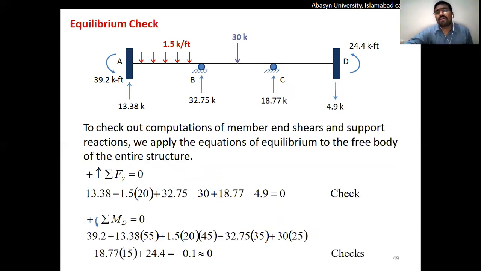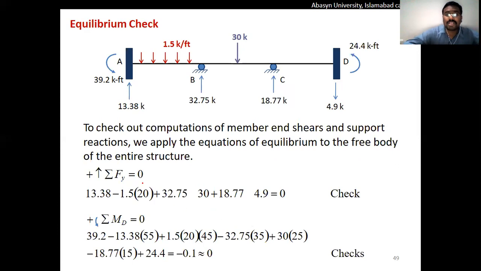We can also apply checks in order to check whether the computations of member end shears and the support reactions are correct or not by considering the entire beam in one go.